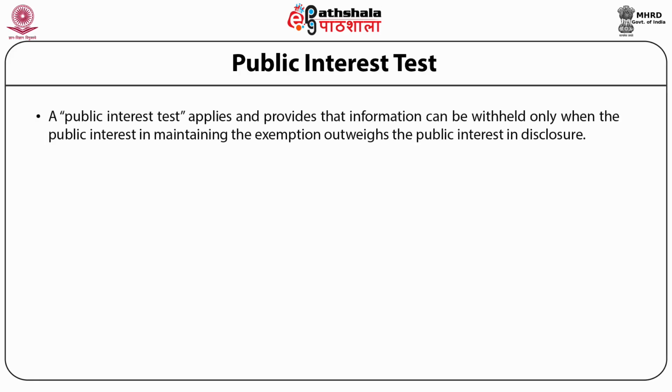The public interest test applies and provides that information can be withheld only when the public interest in maintaining the exemption outweighs the public interest in disclosure. It is a weighing, right, of the public interest in disclosure versus the public interest in non-disclosure. Very simple. Is there a greater public interest in disclosure, or is there a greater public interest in non-disclosure, right?